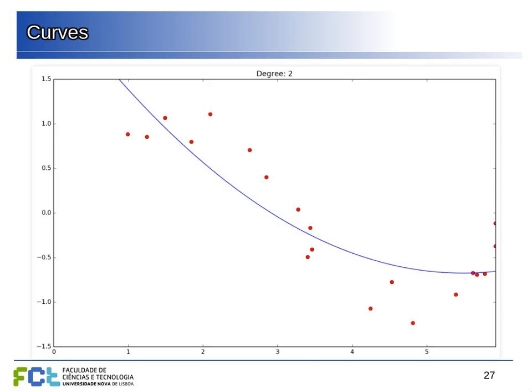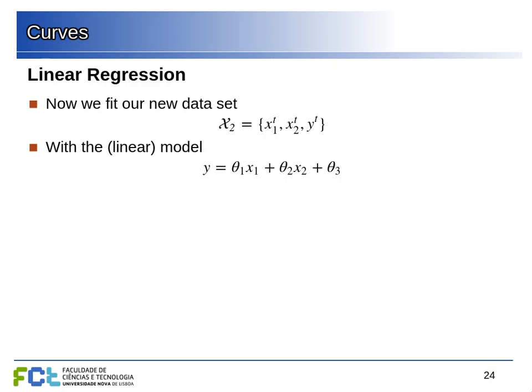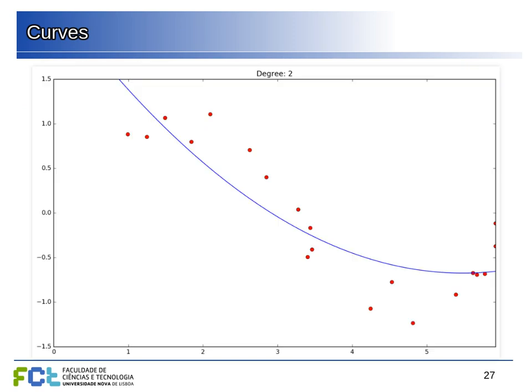Why? Because given that x1 is x squared and x2 is just a copy of x, this is actually a 2nd-degree polynomial that we're trying to fit. So it looks like a straight plane in 3 dimensions, but in 2 dimensions it's a 2nd-degree polynomial when we intersect that with that curved surface. So we do the same thing.